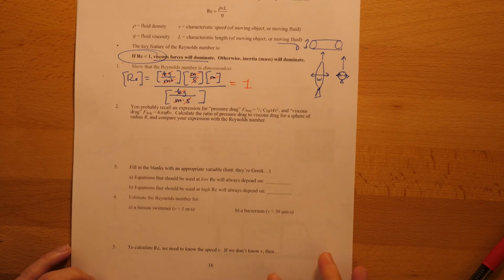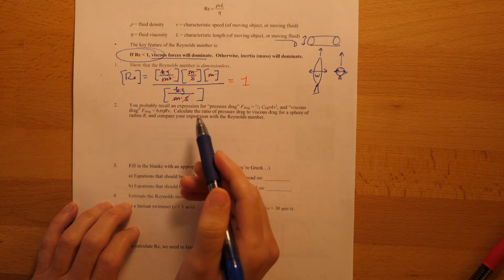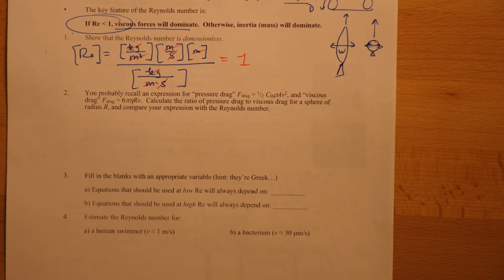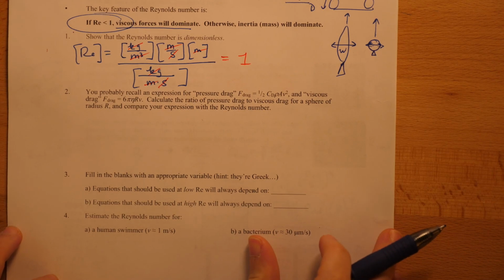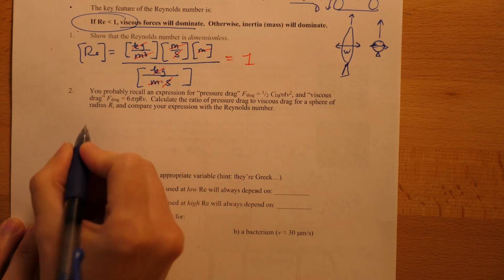So you probably all remember way back in one of the early lectures of this course, we had an expression for pressure drag, and we had an expression for viscous drag. So let's find the ratio of pressure drag to viscous drag.